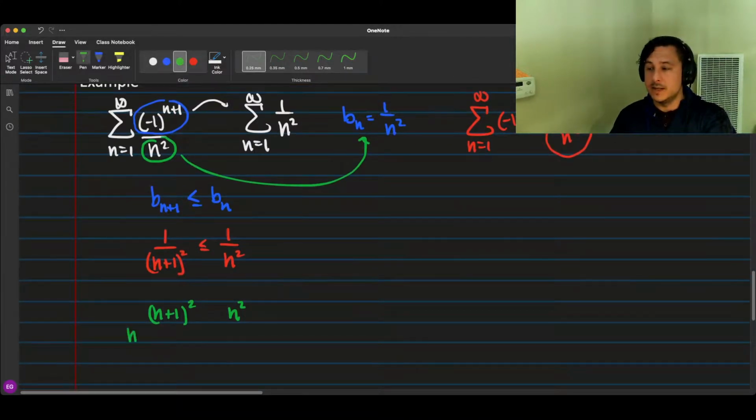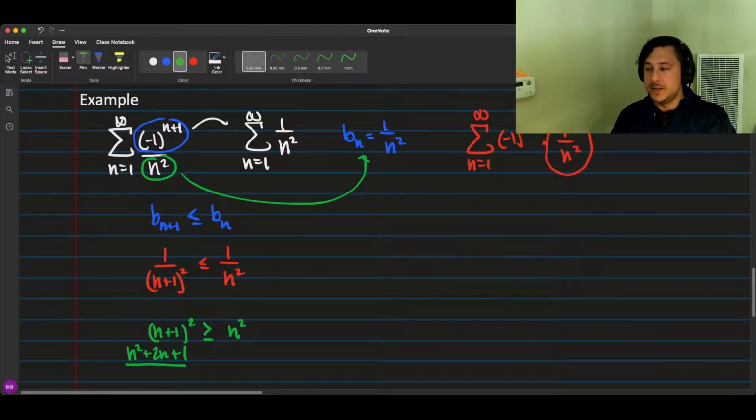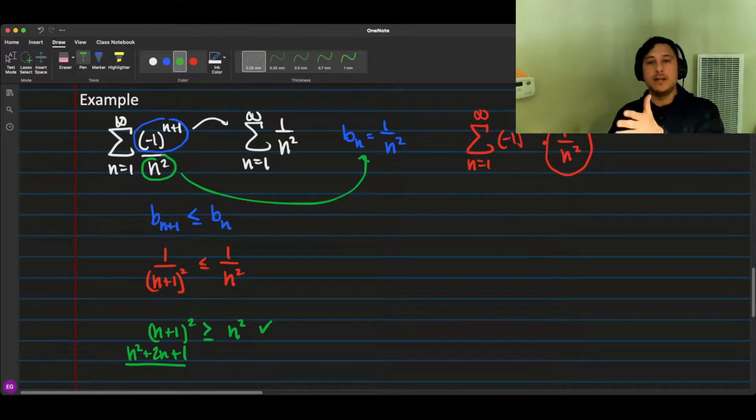The n plus 1 squared is n squared plus 2n plus 1. Definitely that is bigger than n squared, right? So because the denominator on the left is bigger than the denominator on the right, the left term is less than the right term. So we know that they're decreasing.